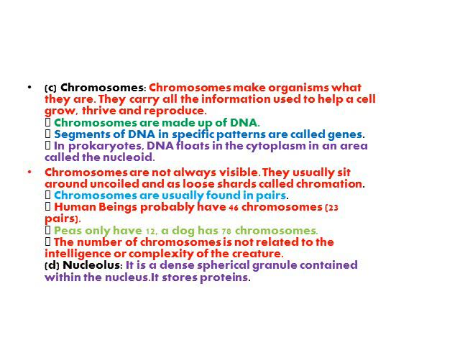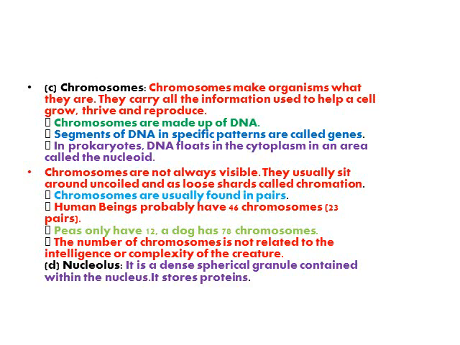Chromosomes. They make organisms what they are. They carry all the information and use it to help a cell grow, thrive, and reproduce. Chromosomes are made up of DNA. Segments of DNA in specific patterns are called genes.